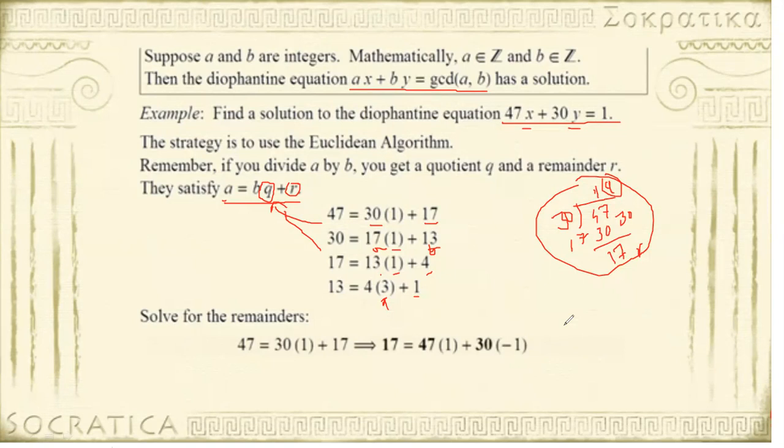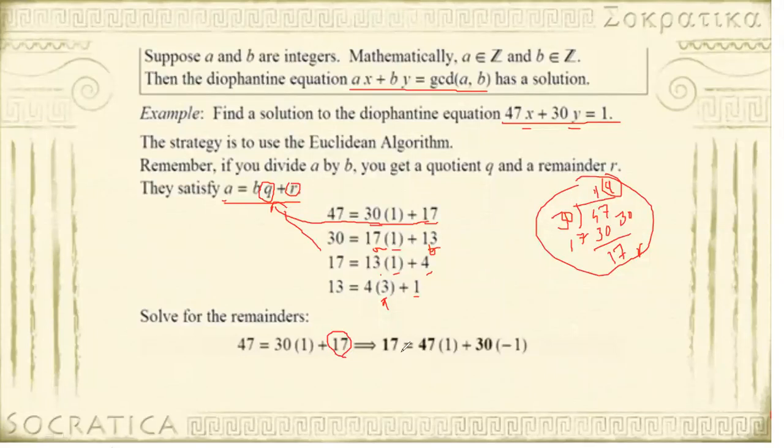Now we will solve for the remainders. So we will solve these equations for the remainders. Now we have considered, for example, the first equation like this: 47 is equal to 30 into 1 plus 17. So for the remainders, we have to take the remainder away, like 17 is the remainder here.